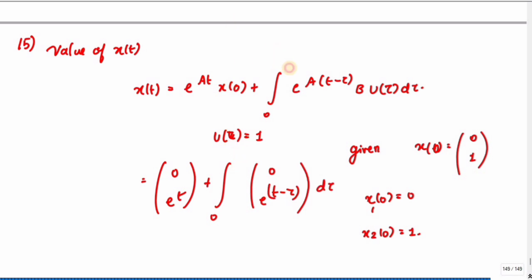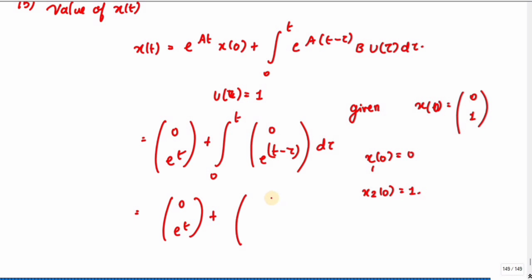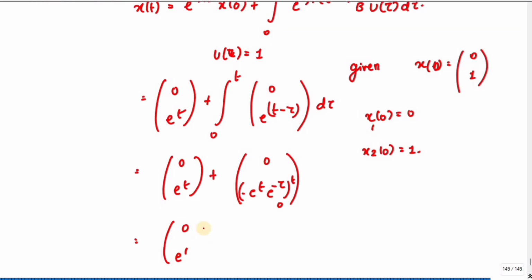Okay, so now you integrate this one. If you integrate, I will get 0 to t of e power t, e power minus tau. So minus tau, I will get a minus term, and you have to substitute 0 and t. So at 0, e power t plus 0, and if I substitute t, I will get 0 minus that, that is 1.